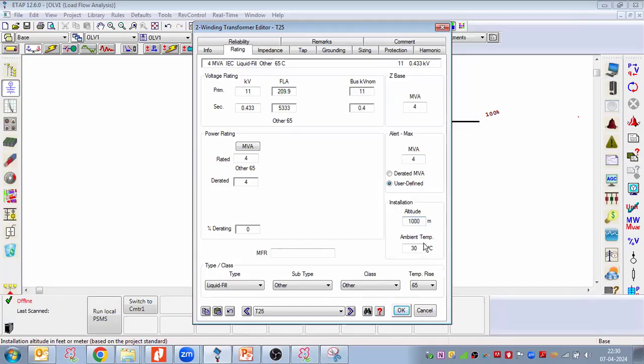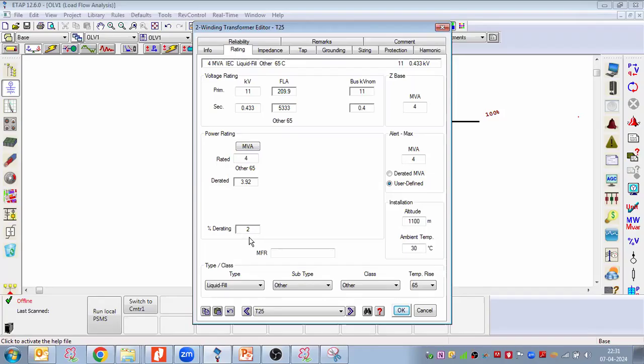If my installation altitude increases above 1000 meters, every 100 meters provides 2% derating in the transformer output. So a 4 MVA transformer can be loaded up to 3.9 MVA only.